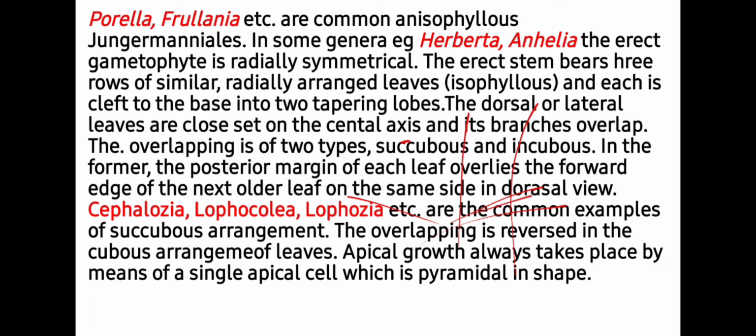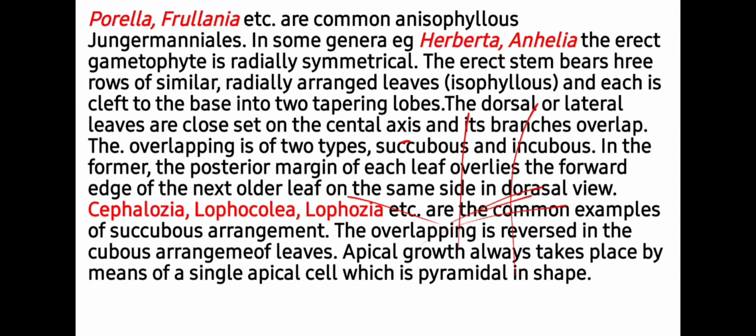The examples are Cephalozia, Lophocolea and Lophozia. Here the posterior margin of each leaf overlies the forward edge of the next older leaf on the same side. The overlapping is reversed in the incubous arrangement, meaning the anterior margin overlies the forward edge of the next older leaf.